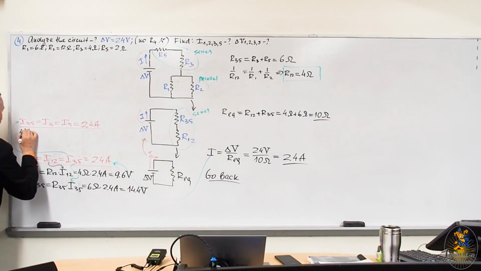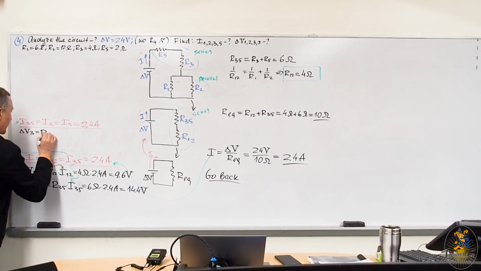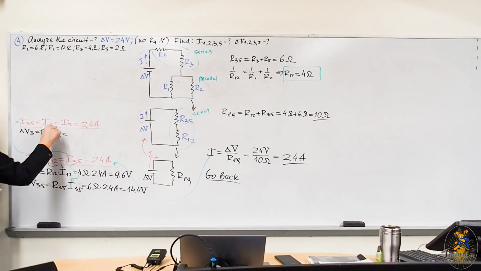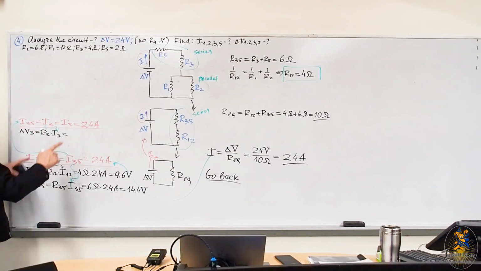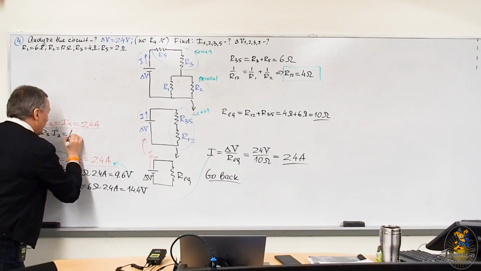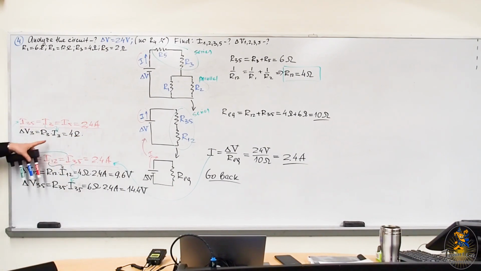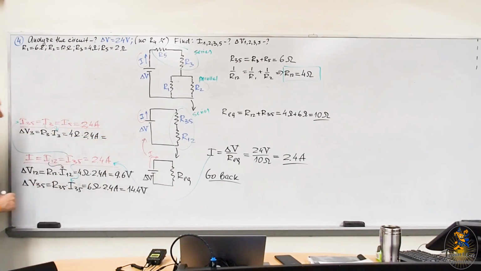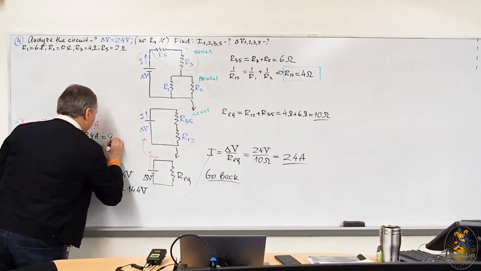So delta V3 equals R3 times I3. Again, I3 comes from the bridge. So R3, 4 ohms times 2.4. Again, 9.6 volts.